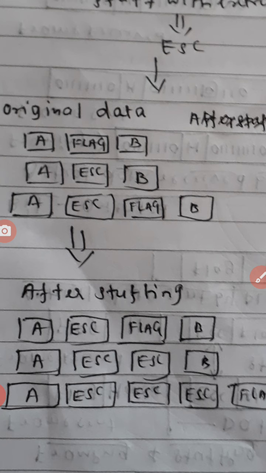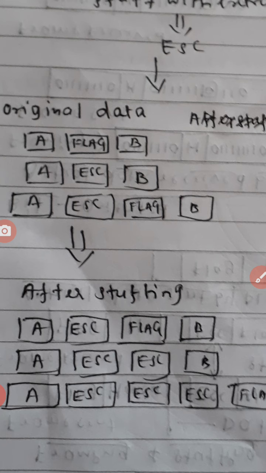The receiver will receive the same form of frame. When the receiver encounters the escape character, it will discard the escape character and treat the next character as data. So at the end, the receiver will send data A, flag and B to its upper layer, the network layer.